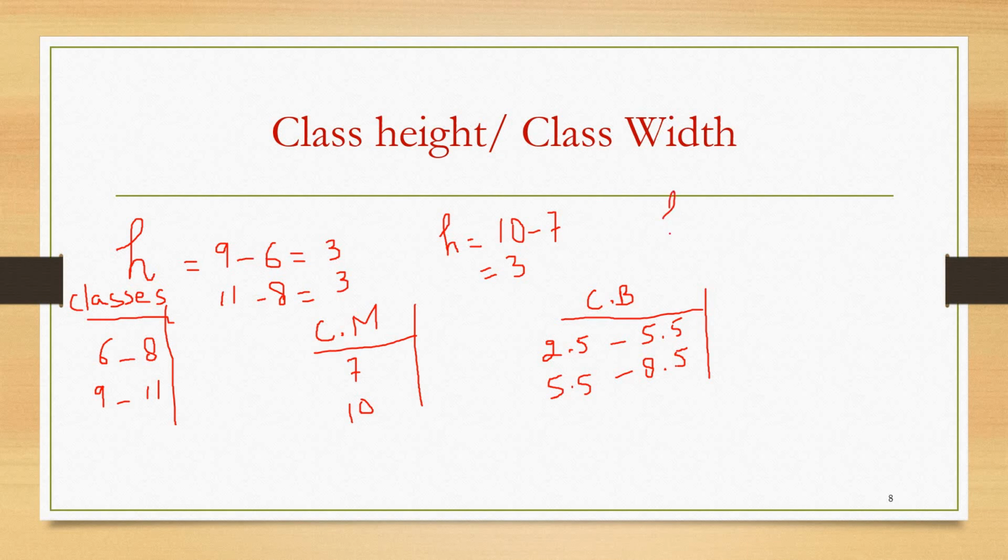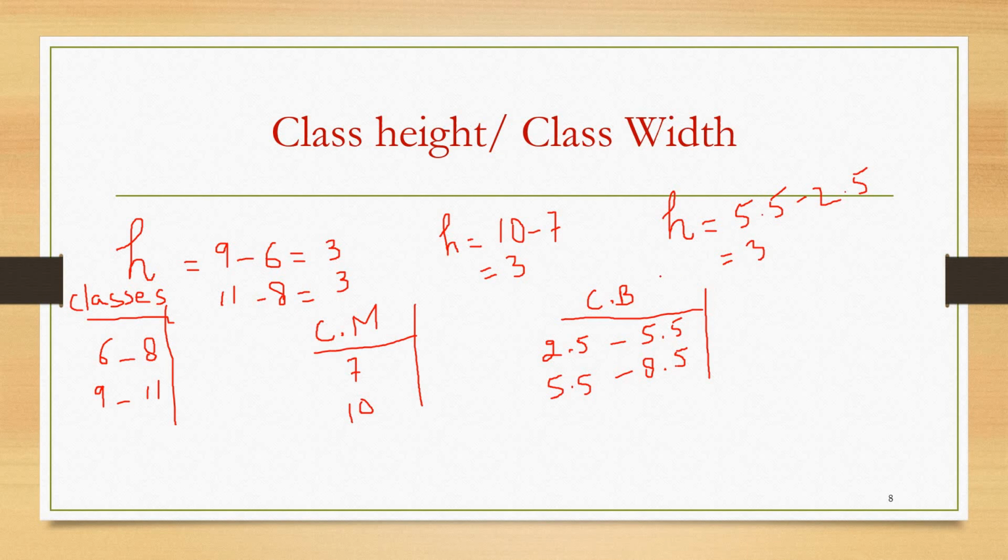How will we calculate class height and class width? The difference between two consecutive lower class boundaries, or the difference between two consecutive upper class boundaries. When we take the difference of lower class boundaries, what will it be? 5.5 minus 2.5 is equal to 3.